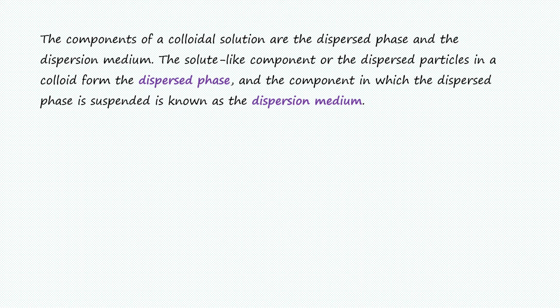Similarly, in the case of a colloidal solution, the terms solute and solvent are changed to dispersed phase and dispersion medium. The solute-like particle which is dissolved in some liquid is known as the dispersed phase, and the medium in which that particle is dissolved is known as the dispersion medium.